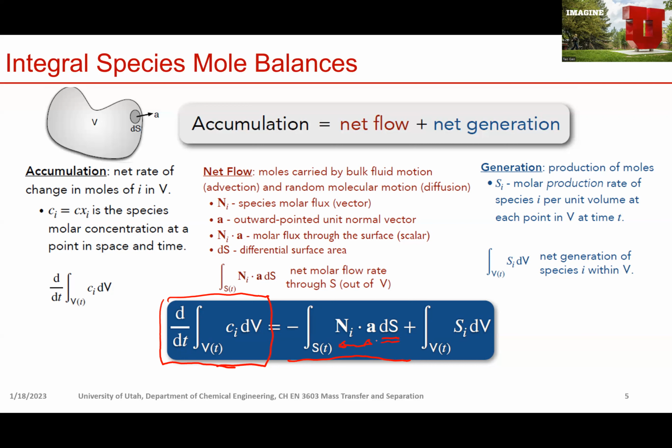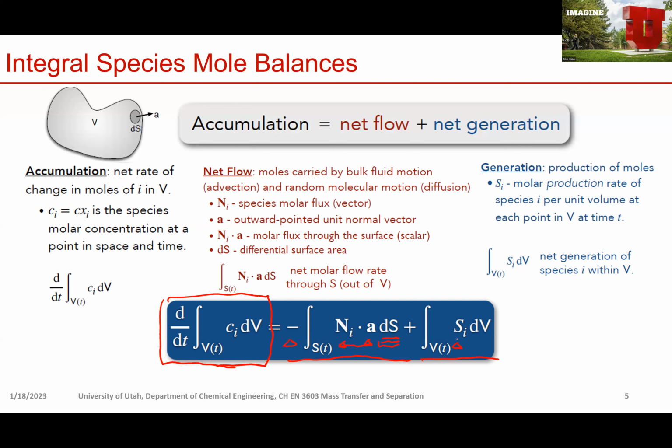This dot product gives us the net outward flow through this dS. Then we take an integral over the whole surface of the control volume, which gives us the total outward flow. Then we assign it a minus sign, which changes outward flow to inward flow. That's the net inflow.